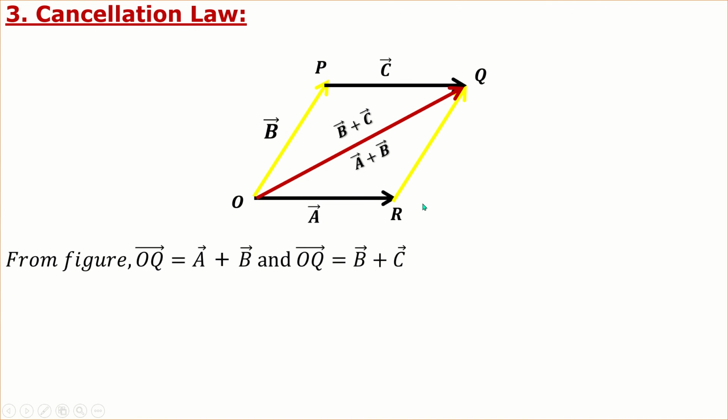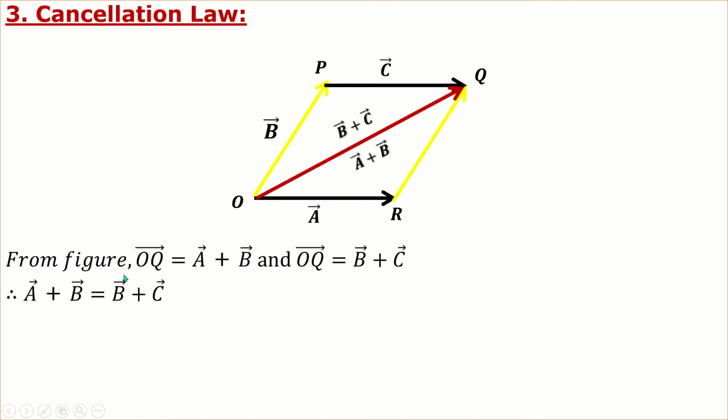So OR, and QR, we can write OR as a vector plus b vector. That means OK is equal to a vector plus b vector, and also OK is equal to b vector plus c vector. As this is OQ and this is OQ, therefore this and this are equal.